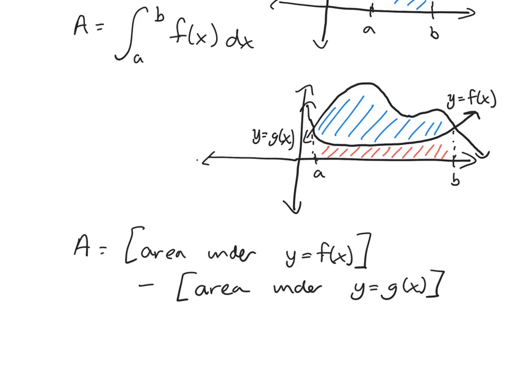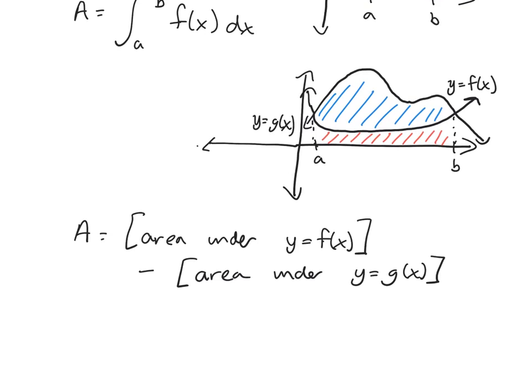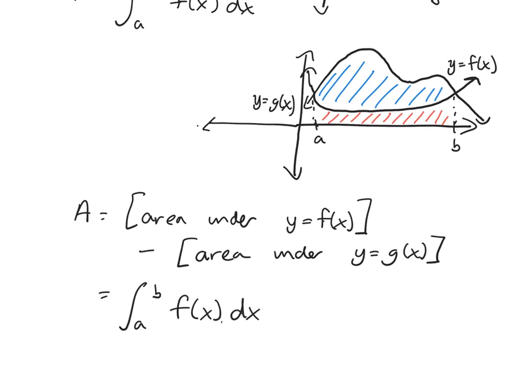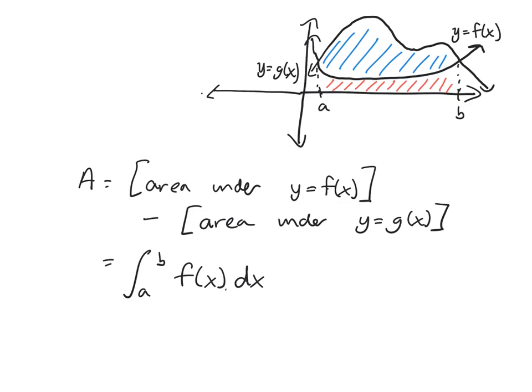So now we know how to find the area. Let me write this with some symbols. The area under f of x, we said that's the definite integral from a to b of f of x. That's the area under f of x from a to b. And I'm going to subtract the area under g of x.